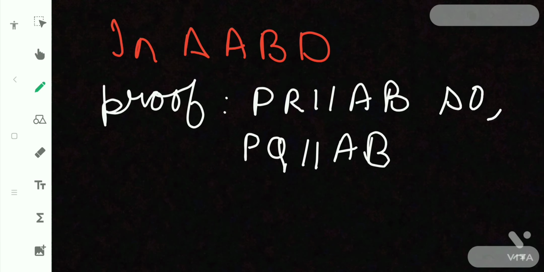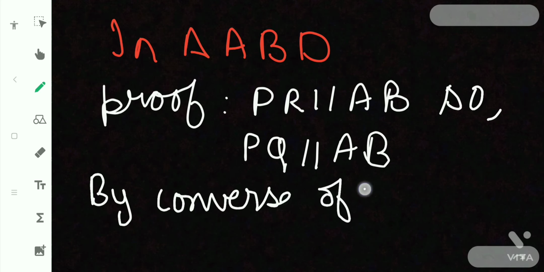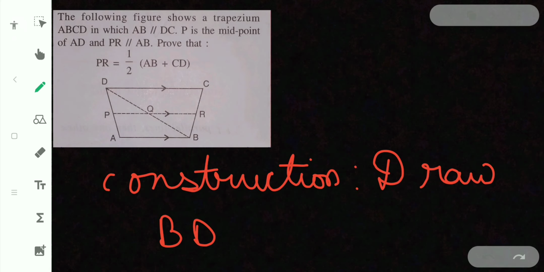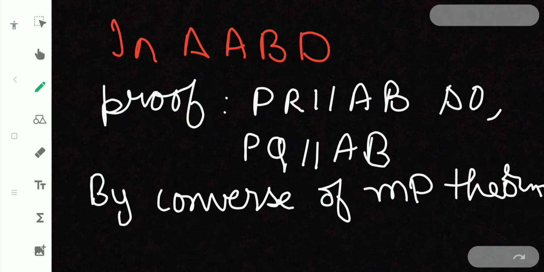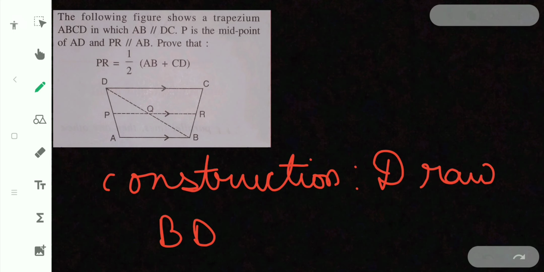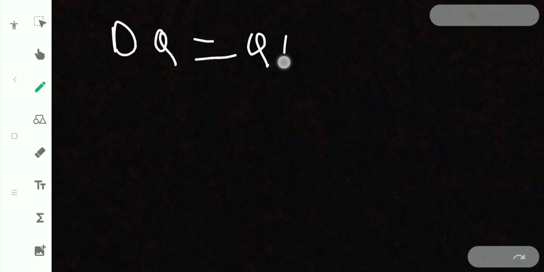So PQ is parallel to AB by converse of midpoint theorem. By converse of midpoint theorem, I will get PQ bisects BD. So PQ bisects BD, that means that DQ is equal to QB.